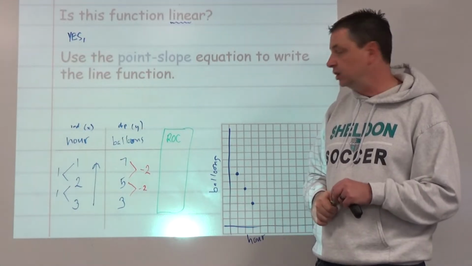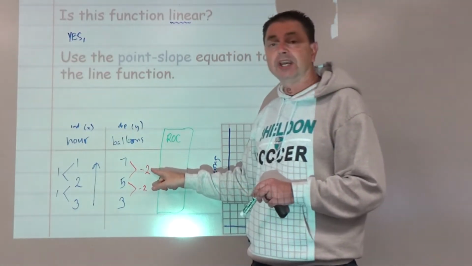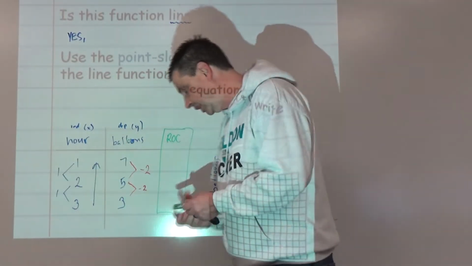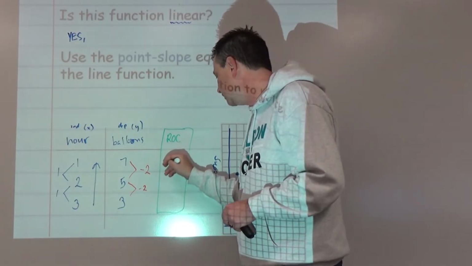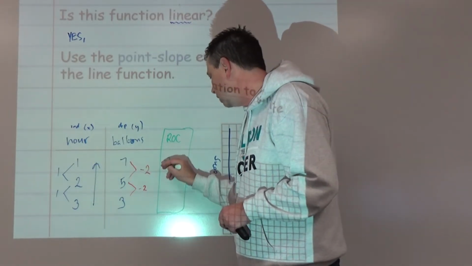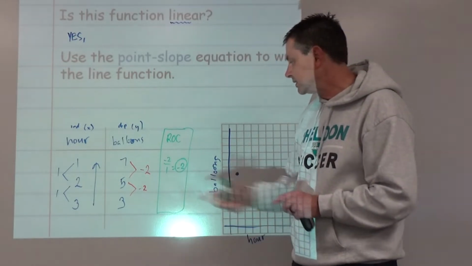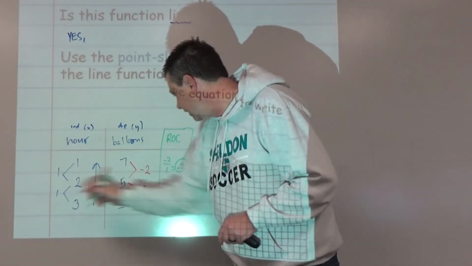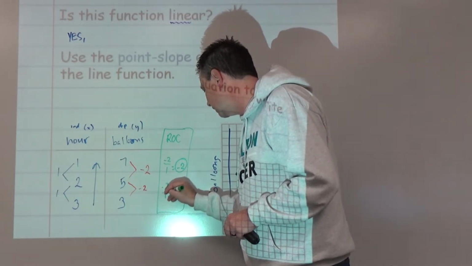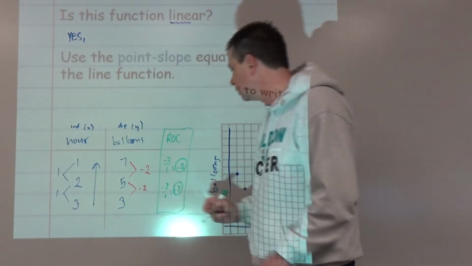The rate of change, we do the change in y divided by the change in x. So it would be negative 2 divided by 1, and that's negative 2. Same thing here. Change in y divided by change in x. Negative 2 divided by 1 is negative 2.